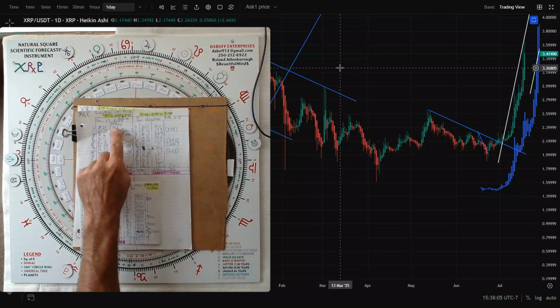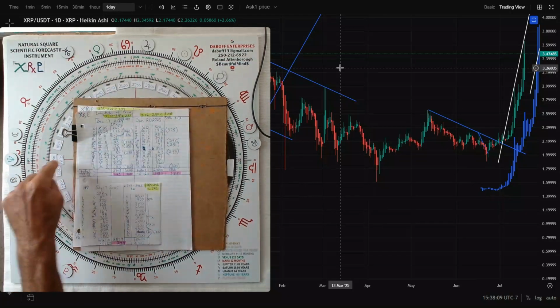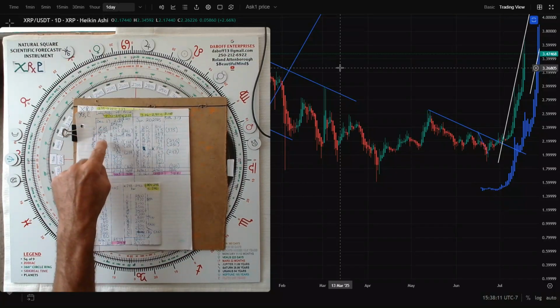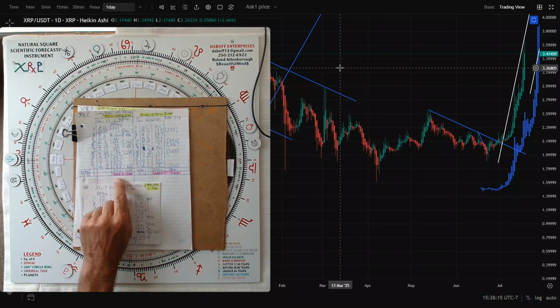On the first ring of the tool, the 360 degrees of the circle, I took the longitude of the planets in all their places, added them up and divided by the sum of the total. My work showed $202.25 and could encompass up to $3.